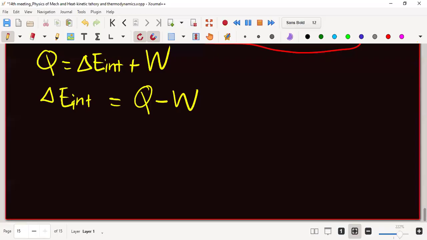Or we can write it in the infinitesimal form: dU is equal to Q minus P dV.